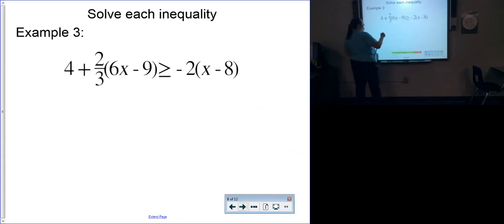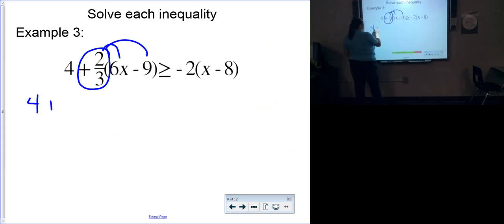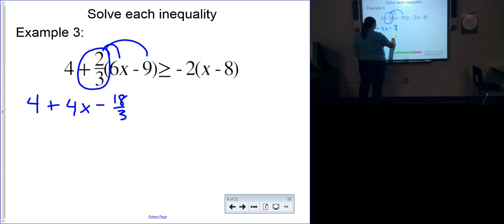Next example, I see I got distribution on the left-hand side, positive 2/3. My 4 stays the same, plus 6 times 2 is 12 over 3. 12 over 3 is the same as 4. x minus 9 times 2 is 18 over 3. 18 over 3 is the same as 6.